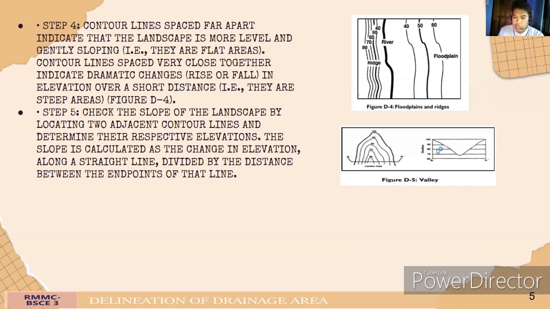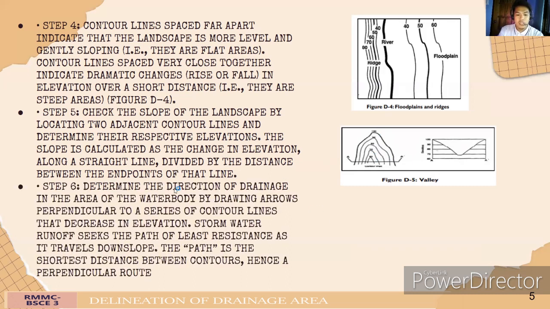The indication is to check the slope of the landscape by locating two adjacent contour lines and determining their respective elevation. We need to determine the elevation so that we know where the water in the watershed will flow. So we should check the slope of the landscape.